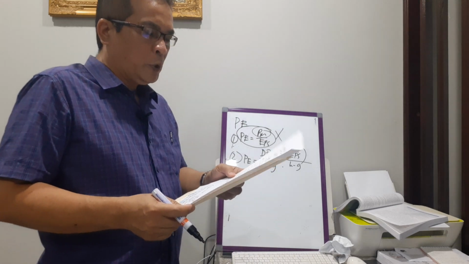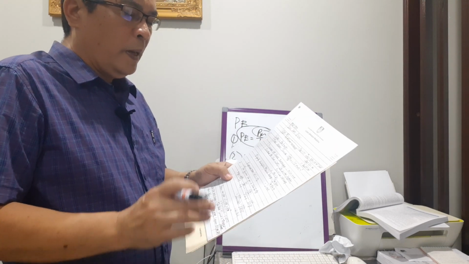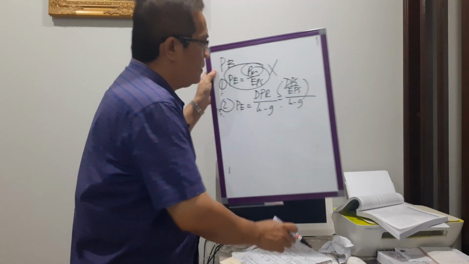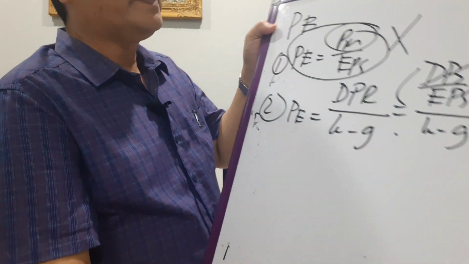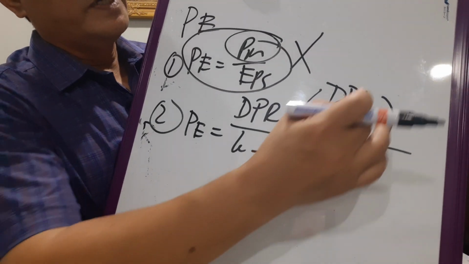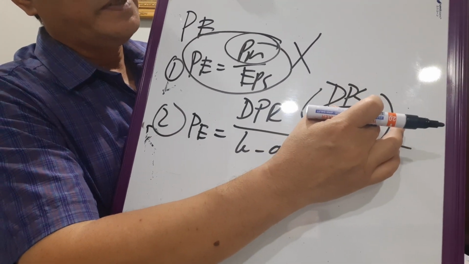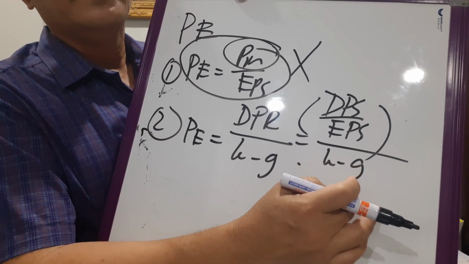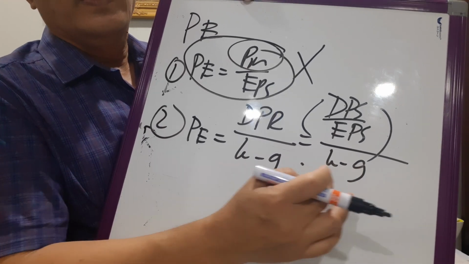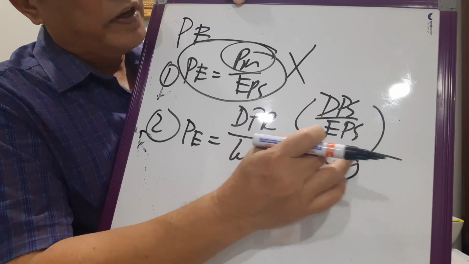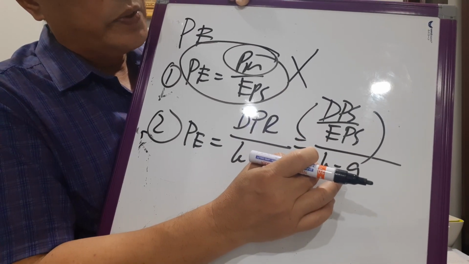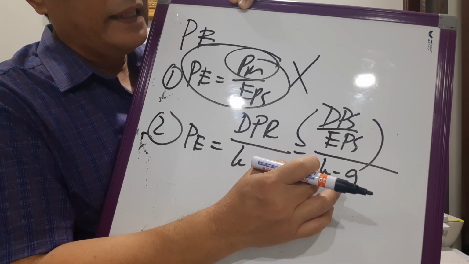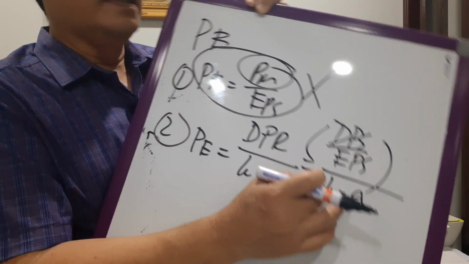Now we need to solve for these four variables: dividend per share, earnings per share, K, which is the required rate of return, and G, which is the dividend growth rate. Out of these four variables, one is already given, so we don't have to calculate anything, because the required rate of return is 10%.